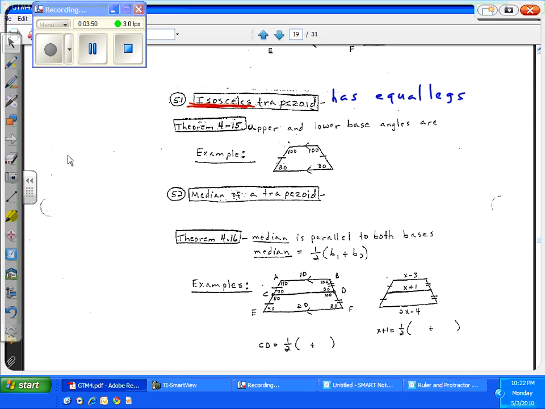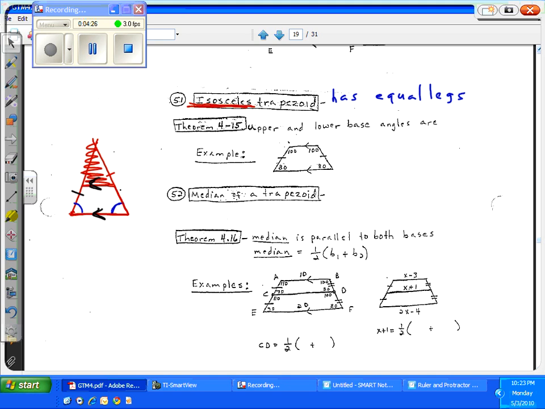Now, just like in an isosceles triangle, if two sides of a triangle are equal, then the angles opposite those sides are equal. If we were to take off the top of that triangle with a line that's parallel to the bottom, well, we've got the trapezoid.